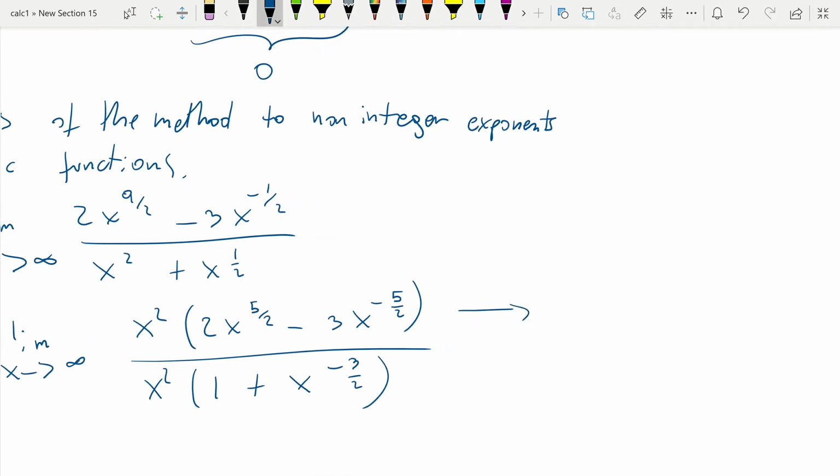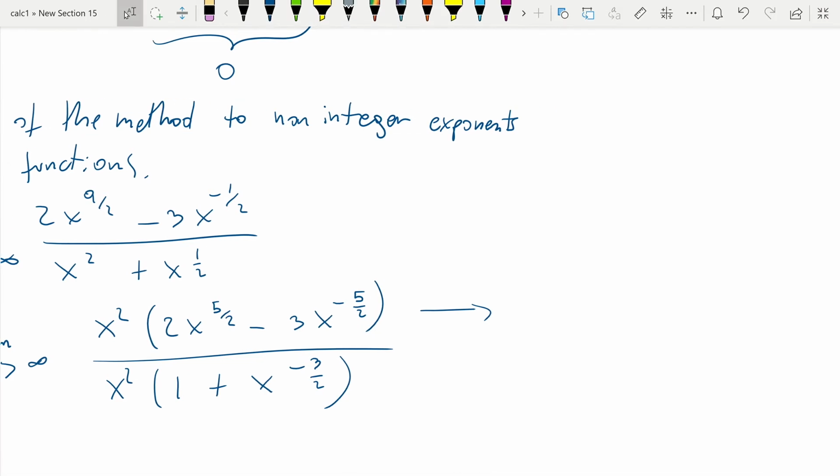I simply took out a factor of x squared in the top and the bottom. If we were to distribute this, we would get 2x to the 5 over 2 plus 2, minus 3x to the minus 5 over 2 plus 2.